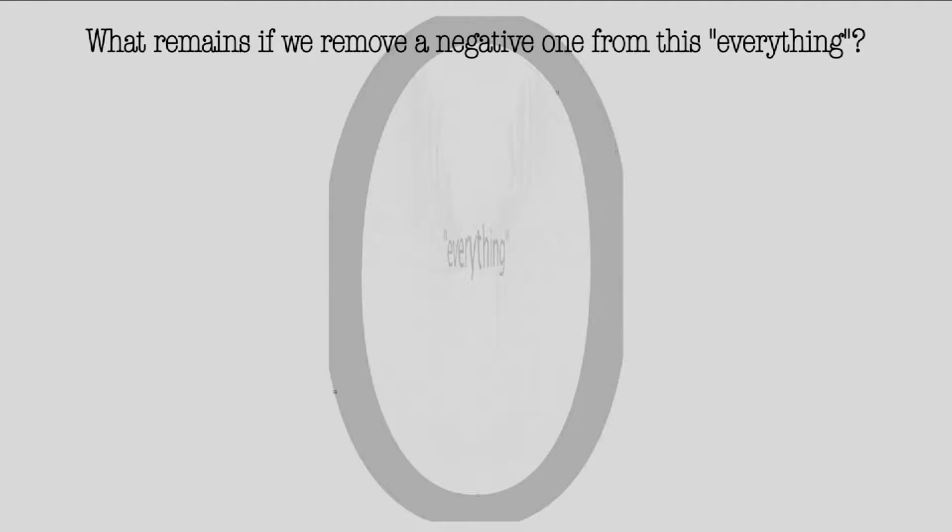What remains in the absence of that negative 1? 0 is still very large, but 0 is no longer an absolute value containing all other numbers. Something has been removed from it. But what value does 0 transform into to show that loss? The answer is simply that 0 minus negative 1 equals 1. The missing negative 1 causes 0 to transform into the value 1.